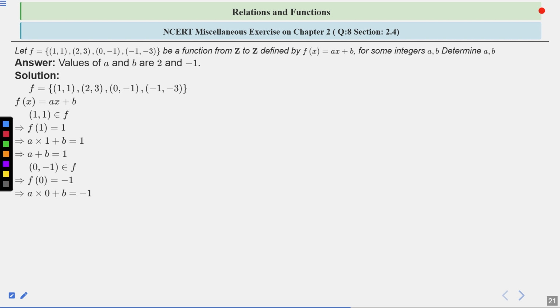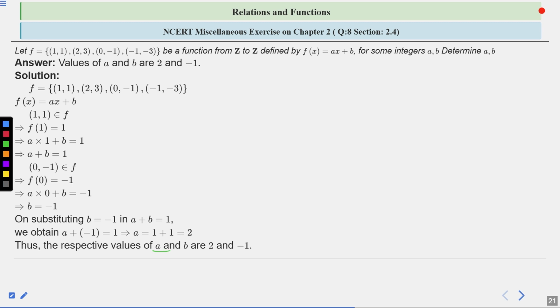So this gives me a times 0 plus b equals -1, which gives me the b value as -1. Now using the equation a + b = 1, just substitute the b value, which is -1, into this equation to get your a value. So a is going to be simply 2.